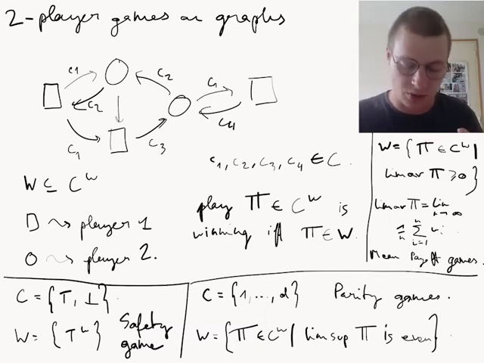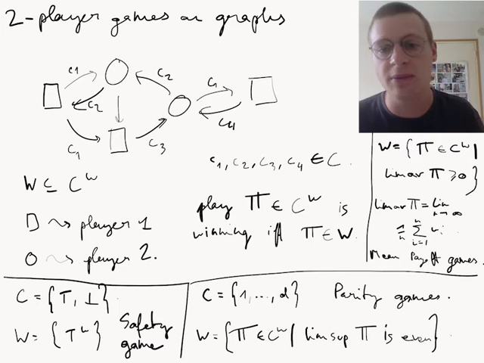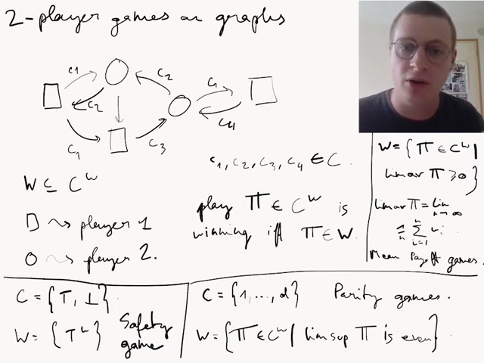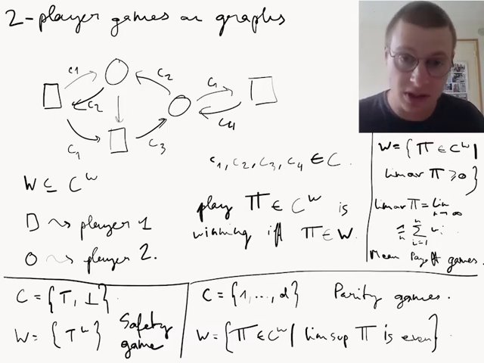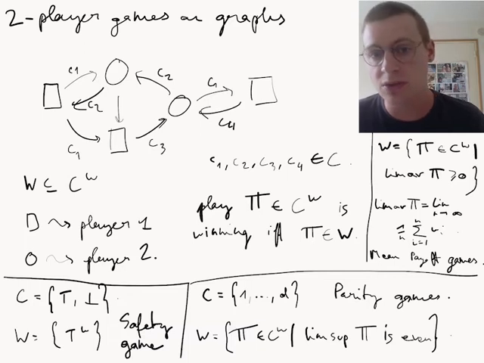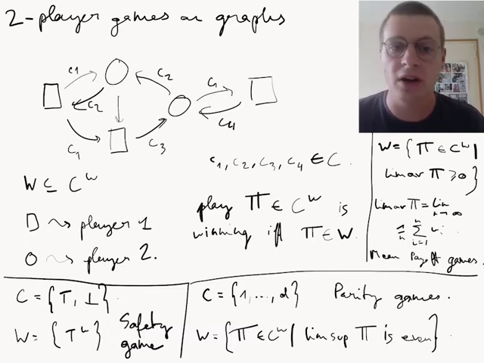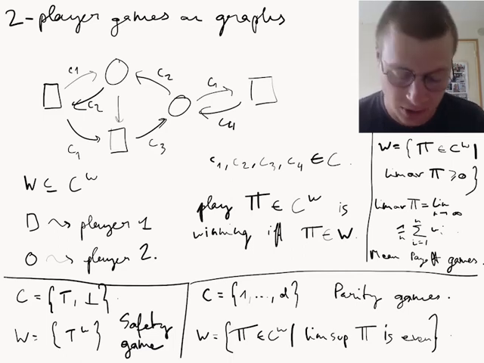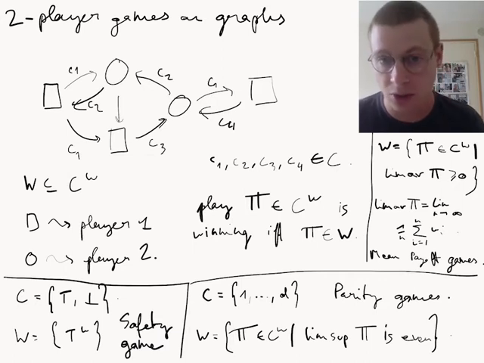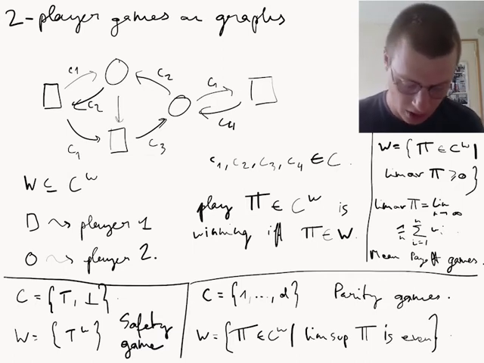When I say NP or co-NP, I talk about the problem of determining which player actually wins the game, which is the problem we're interested in. These problems are in NP and co-NP, and so far not known to be in P. This is one of the motivations to study the complexity of solving these games, since there are very few such problems.